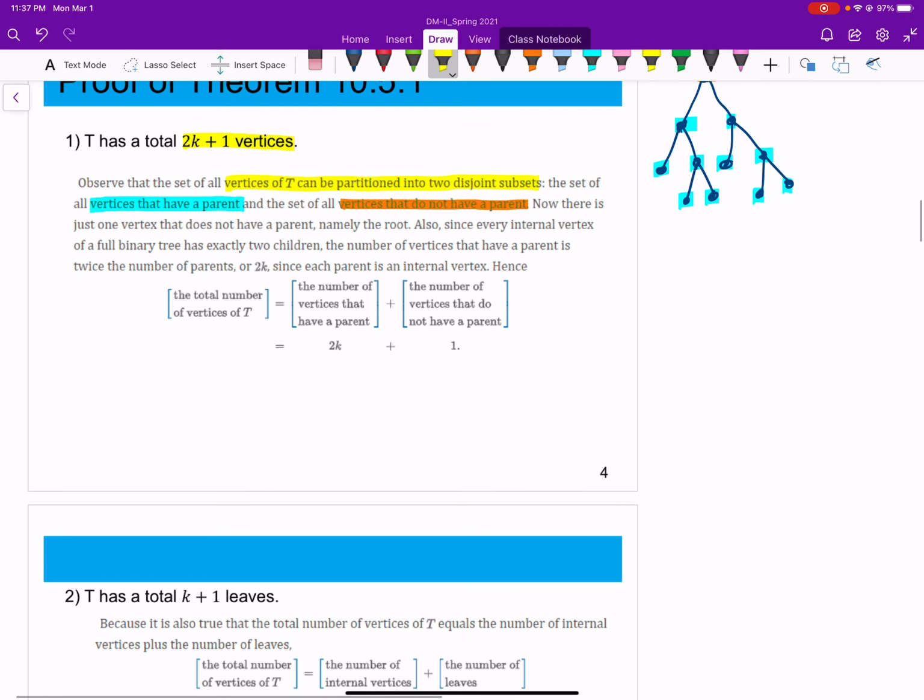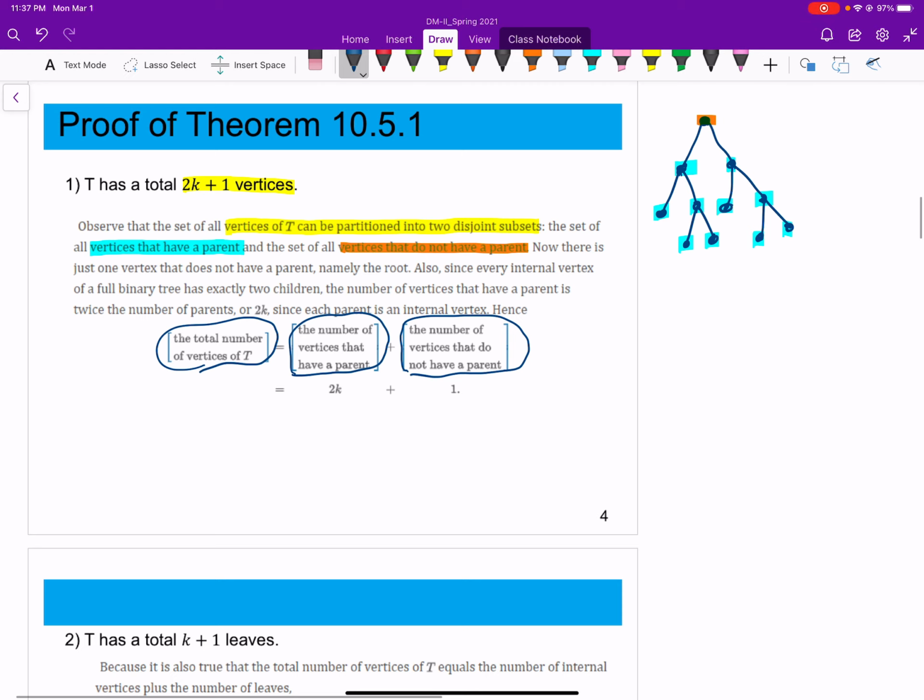Now it is given right here. The total number of vertices equals the number of vertices that have parents plus the number of vertices that do not have parents. Since it has k internal vertices, that is given to you.